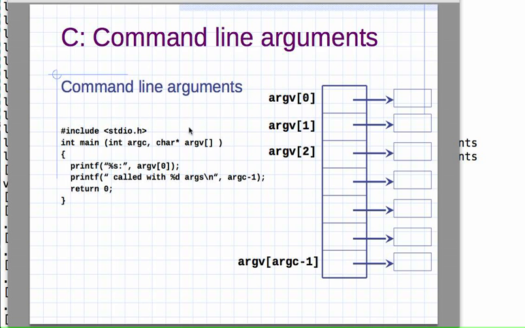The picture you want in mind when you have command line arguments is this. You have argv, an array. Each location in this array is a string, so it points you to some location where you start a null terminated string. So each one of these is a null terminated string. Even if you type in the number 1 or number 2 at the command line, what you get is a string, and you have to convert that string to a number.